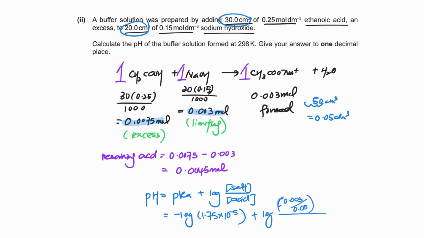For the concentration of acid, there will be the moles of the acid remaining over the total volume in dm cubed. With this, we could get the pH of the buffer, which is 4.6.